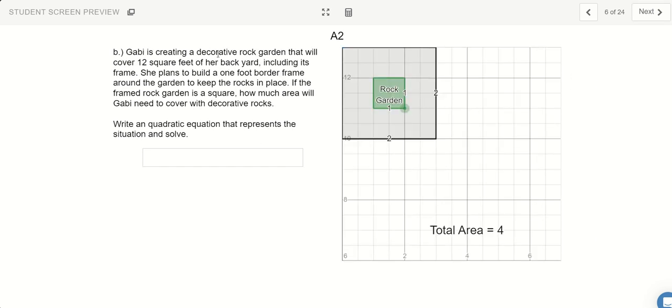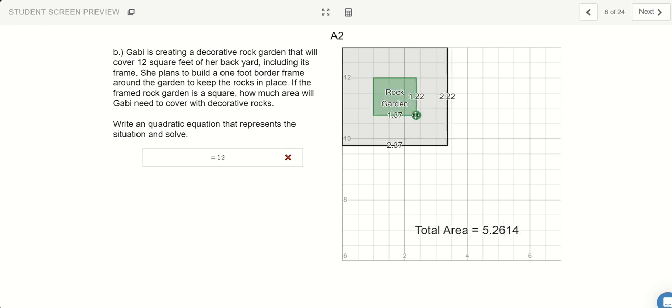So Gabby's trying to create a decorative rock garden in their backyard. The backyard is only 12 square feet, so not as much space as what Ernie had. And this time, there's going to be a 1-foot frame around the garden. So let's see if we can write an equation. I know that the total area of the garden and the frame has to equal 12.